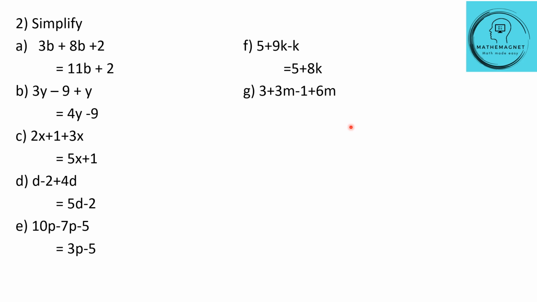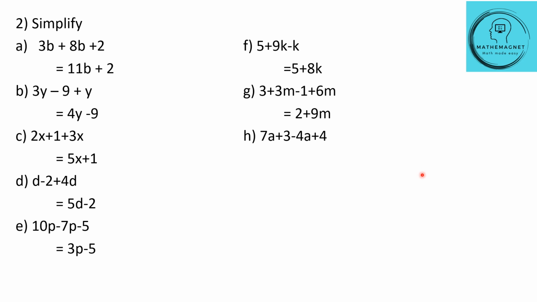Considering the variable terms first, which is 3M plus 6M, which will be 9M. Now the constant terms that we are going to club together are plus 3 and minus 1. Here there is a minus operation before the constant term. So it is plus 3 minus 1, which is equal to 2. So it will be 2 plus 9M.